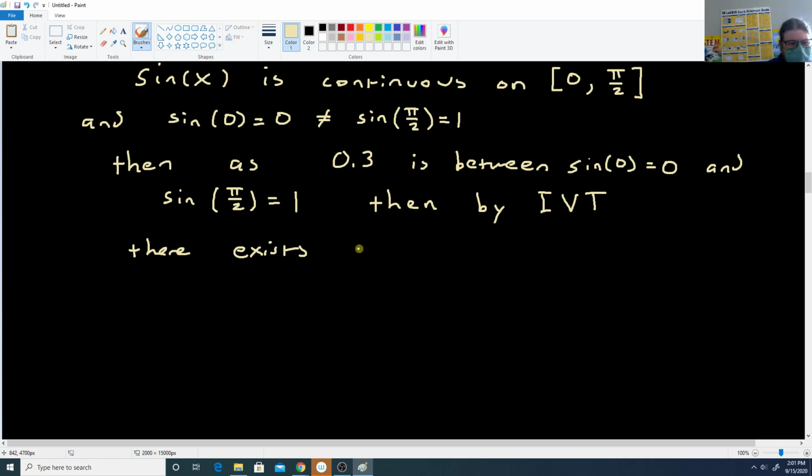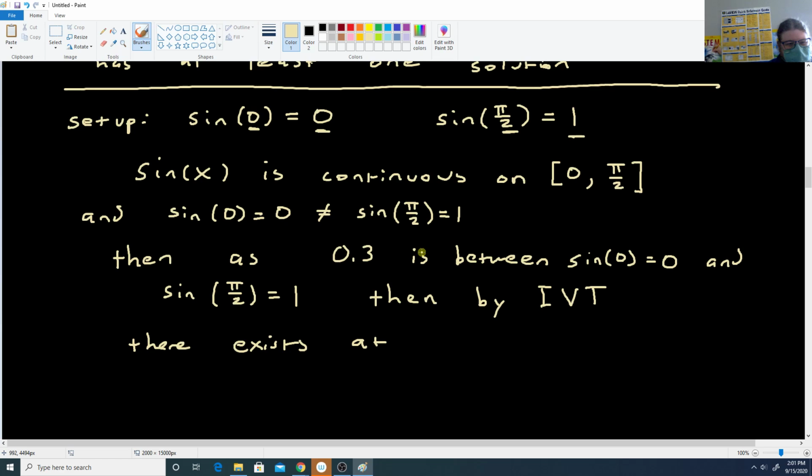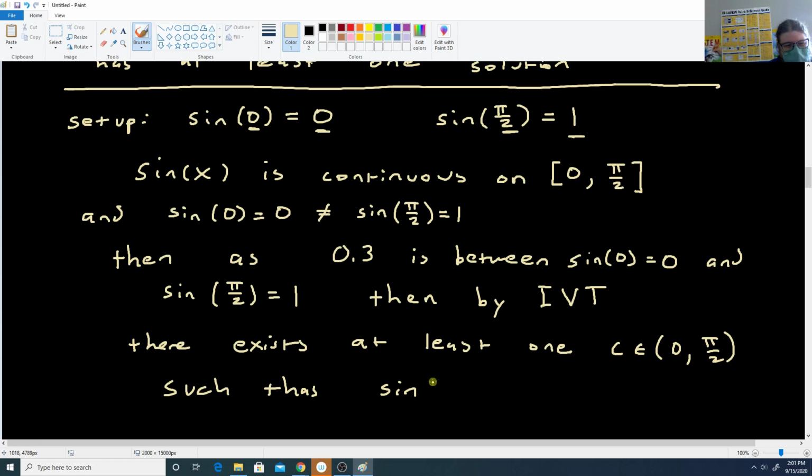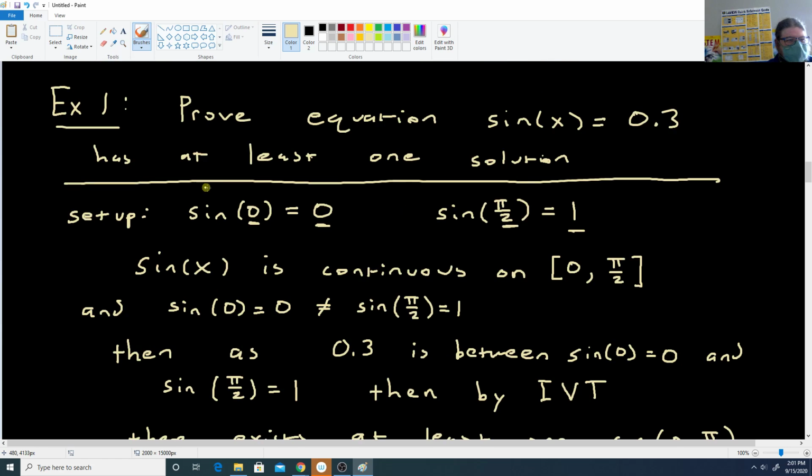So there exists at least one c, an element of the open interval 0 up to pi over 2, such that sine of that particular c value is equal to 0.3. And then we're done with what we needed to do. So we wanted to prove that the equation sine of x equals 0.3 has at least one solution.